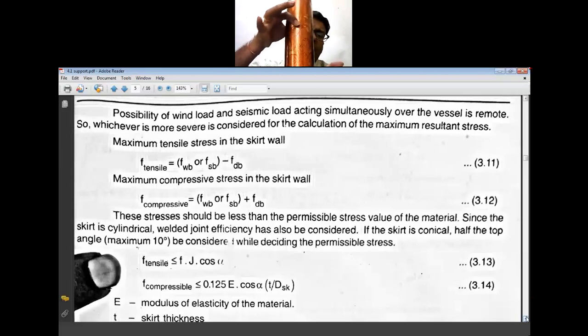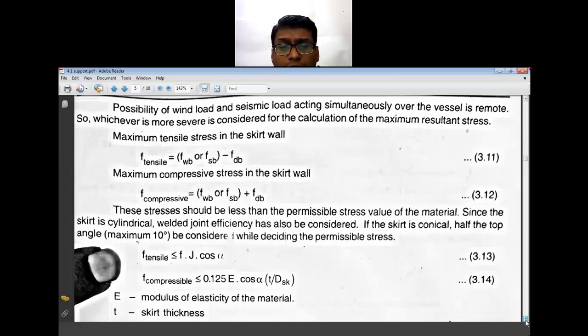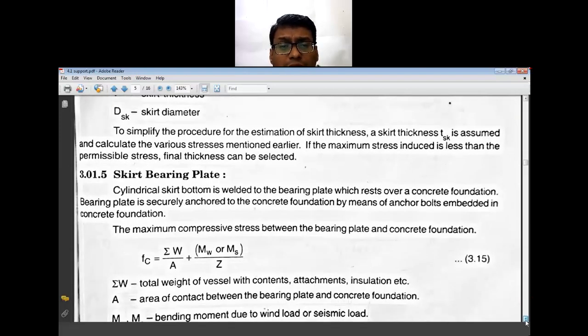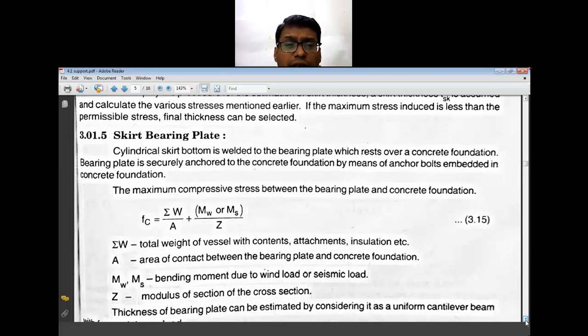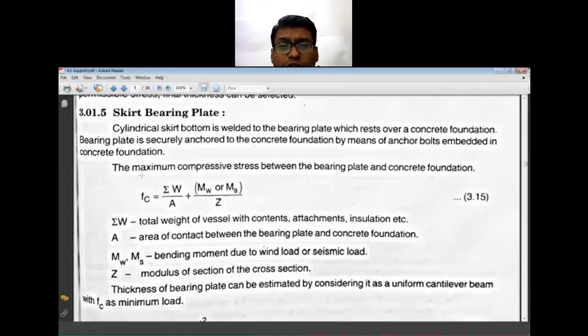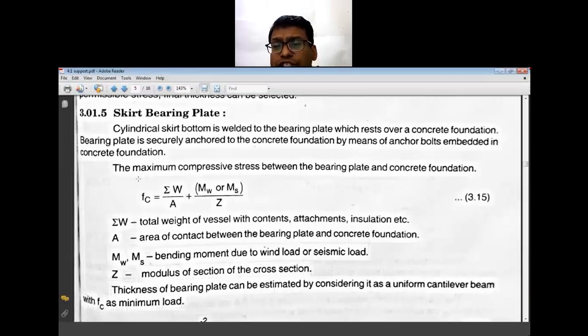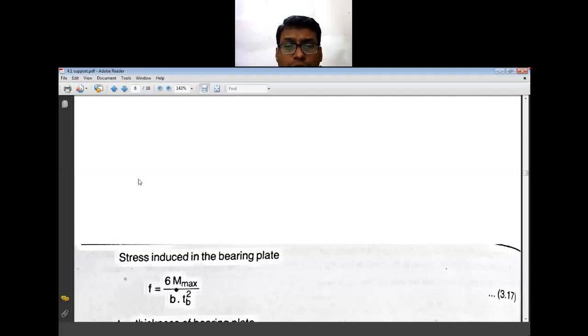Similarly, we have calculated MW upon Z, bending moment upon the section modulus. The section modulus is nothing but pi by 4 dO square into the TSK, the same formula as applicable for the given wind load. Now out of this, the maximum tensile stresses and the minimum tensile stresses in this curve arise because on this side it is the compressive stresses and on this side it is the tensile stresses that will be active.